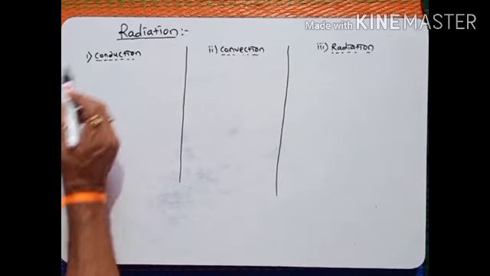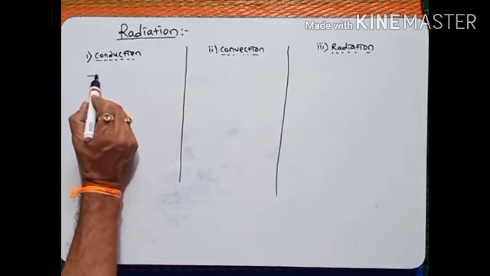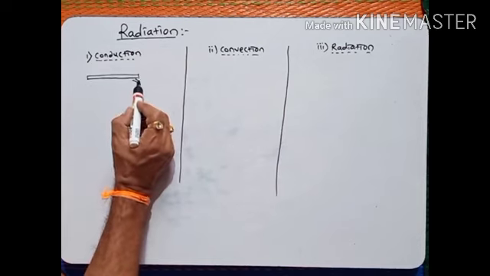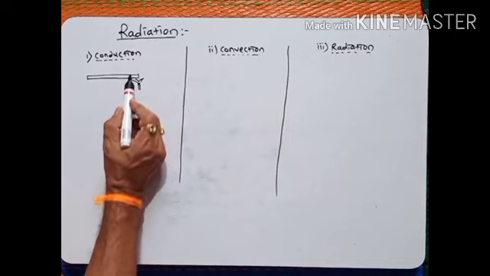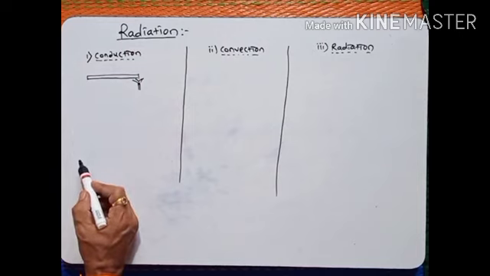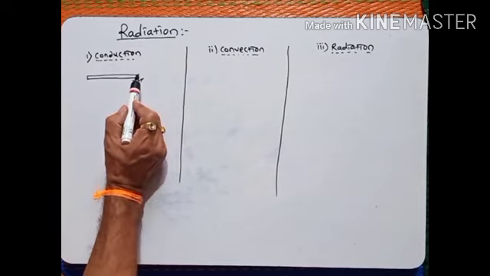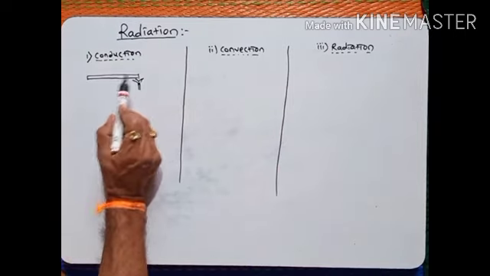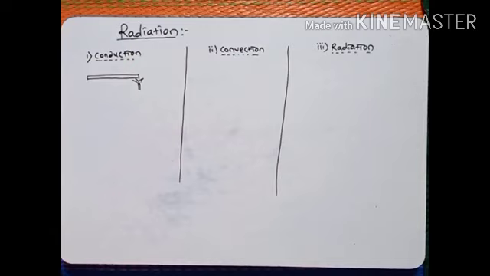In the case of conduction, suppose we consider a metal rod. Then suppose we heat this rod at one end. After some time, the other end also gets heated. That means in a conductor there is transfer of energy from one particle to another without actual displacement of the particles, and this is possible in all metals.